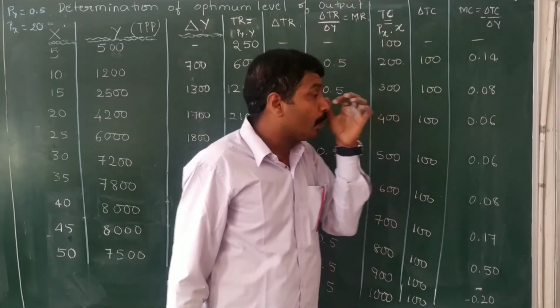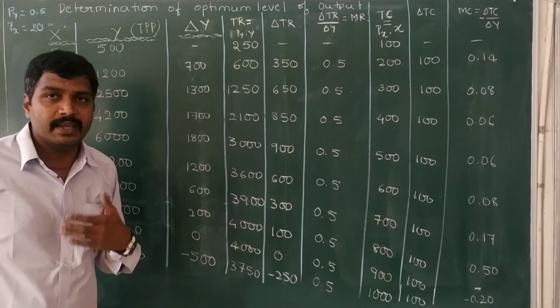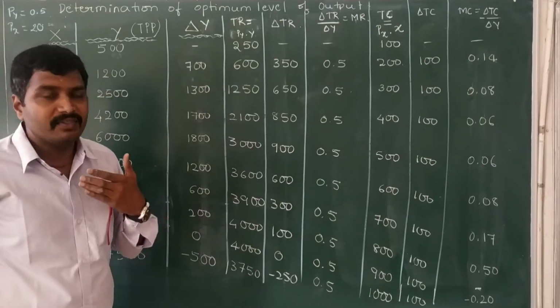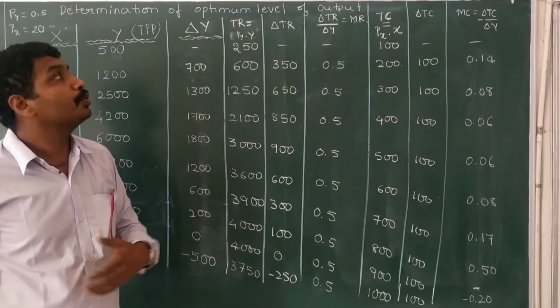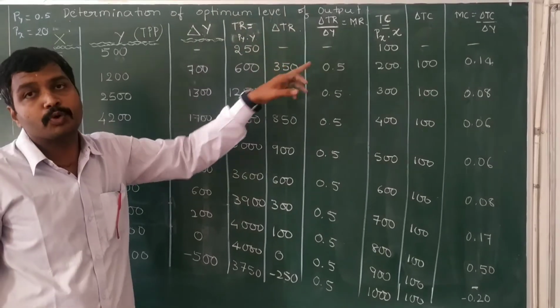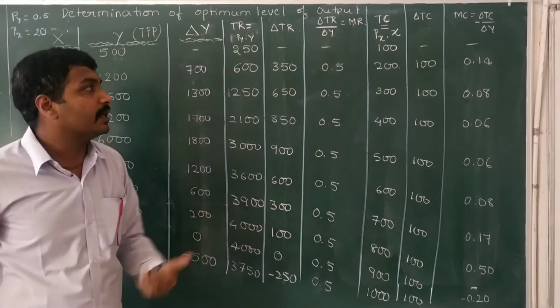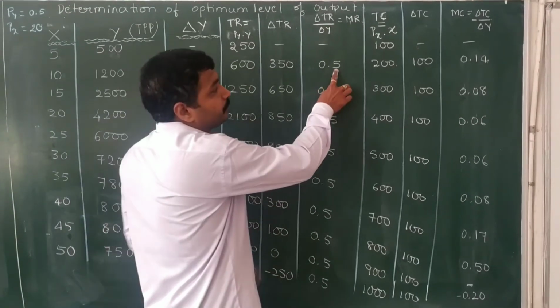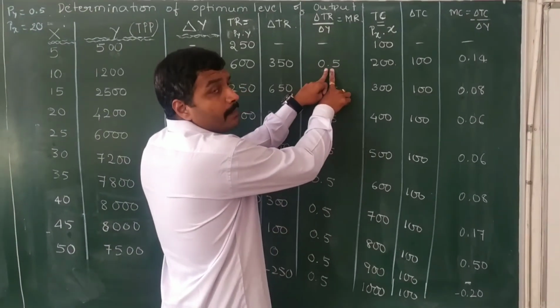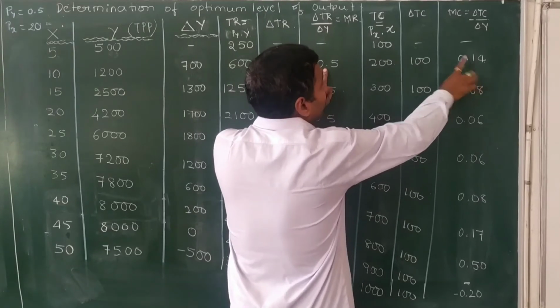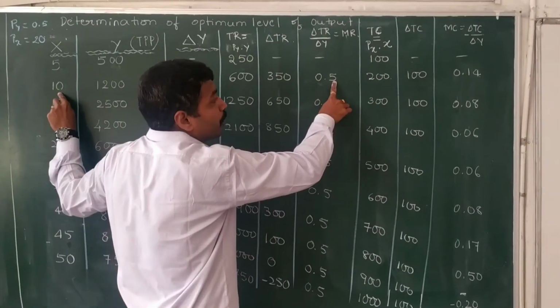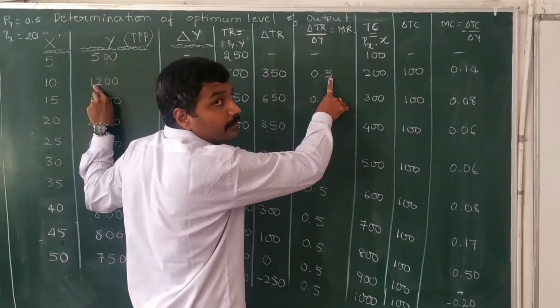Once you derive MC and you have MR with you, in order to determine the optimum level of output, you need to compare MR with MC. Now you compare MR. This is MR and this is the MC value for the corresponding output production, that is 1200.